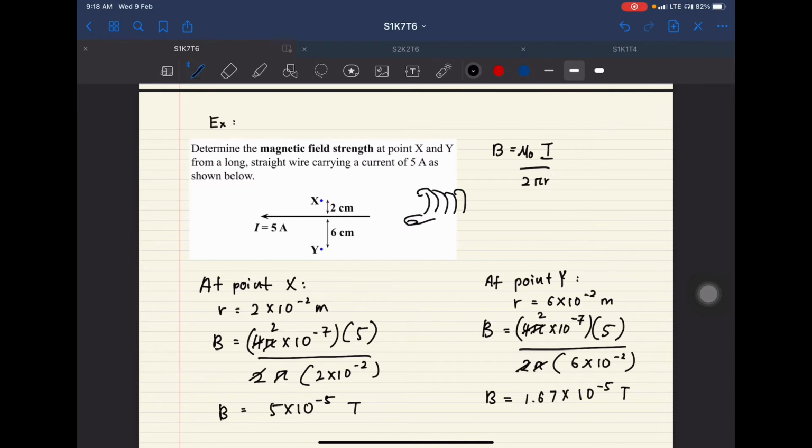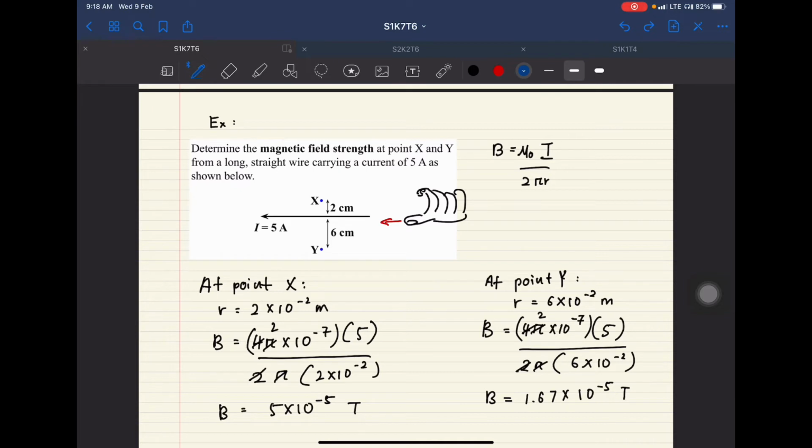It looks a bit awkward, but it's okay, I think I understand. So this is my current direction, which is to the left, and if I put a pepper over here, my fingers will be pointing into the page.